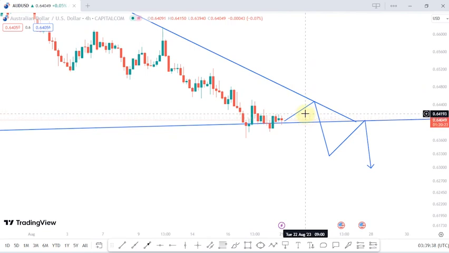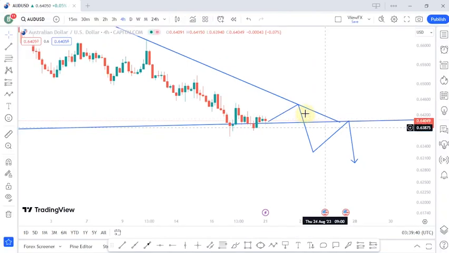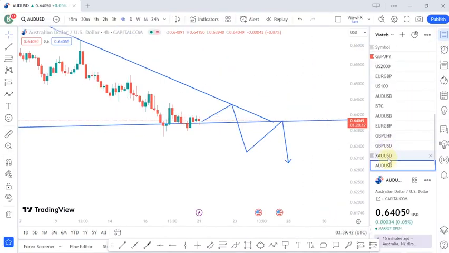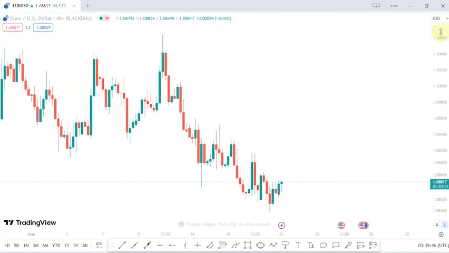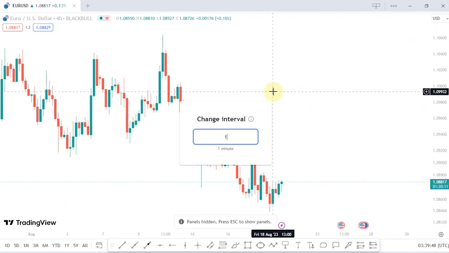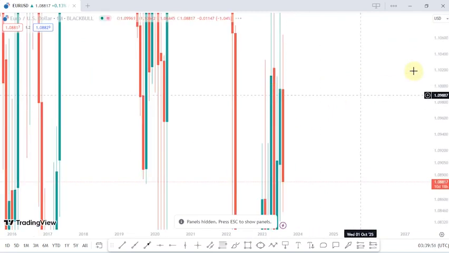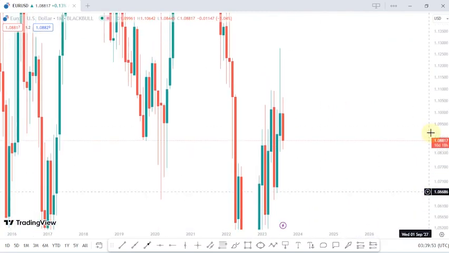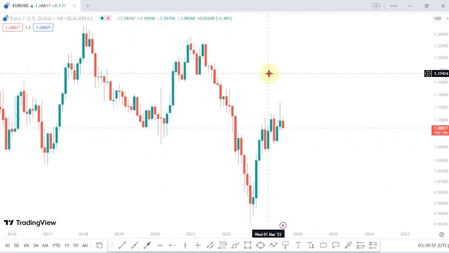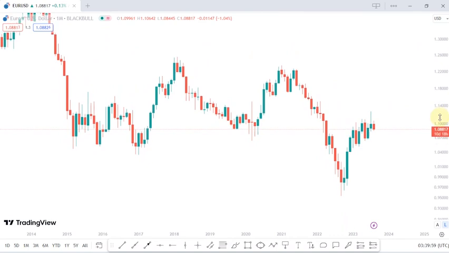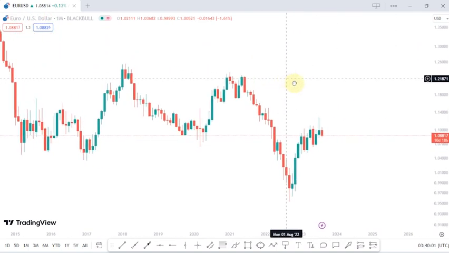So from here we move to the next pair, which is Euro USD. And again, top-down analysis is the best way to analyze the market. If you think I'm joking, the day you come, you will discover this. So what can we see here?